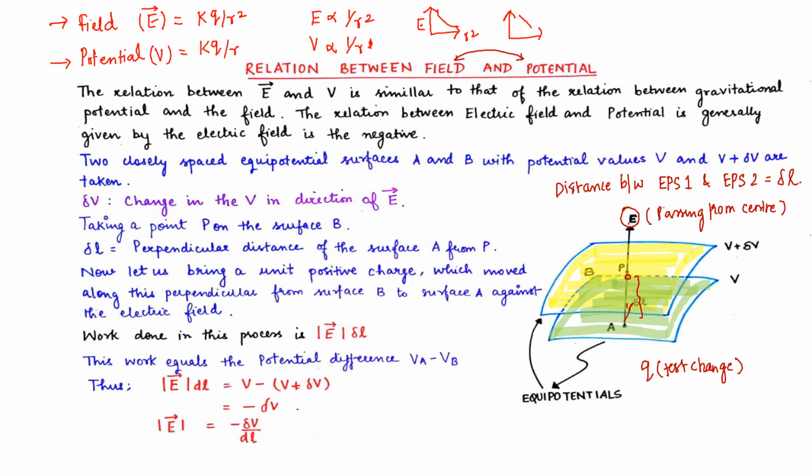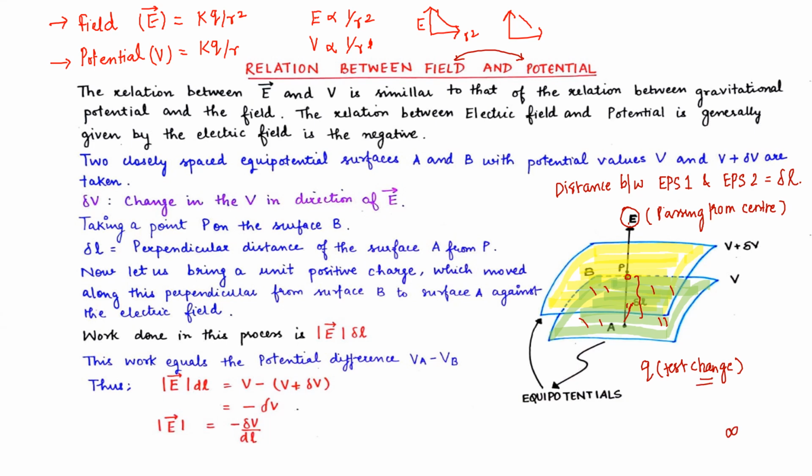Potential is the amount of work done needed to bring a test charge from infinity to a distance r from our reference charge. So here the reference charges are present on these equipotential surfaces, and from infinity we have brought this particular charge here.